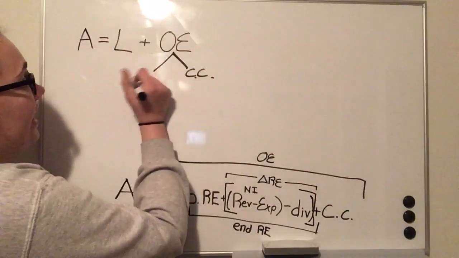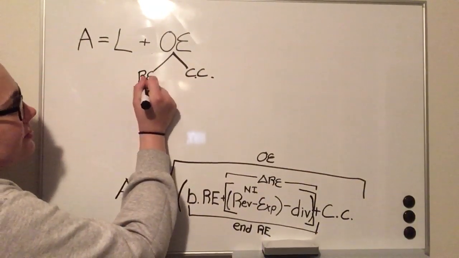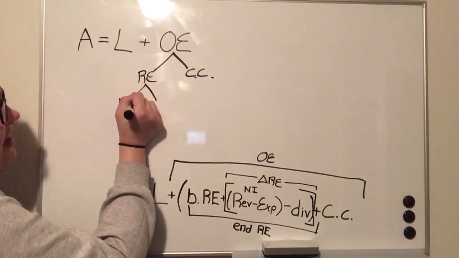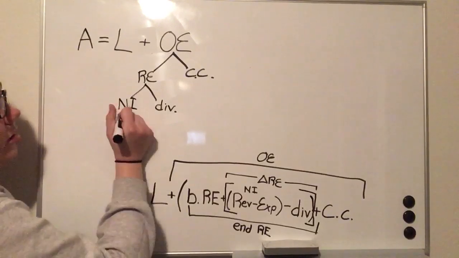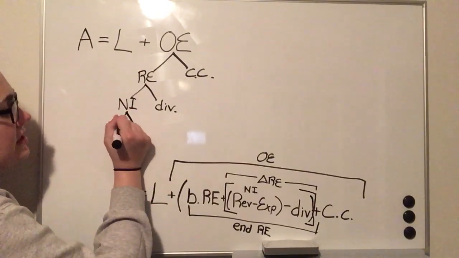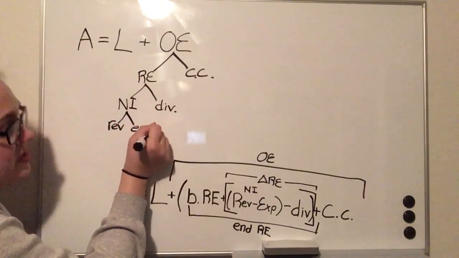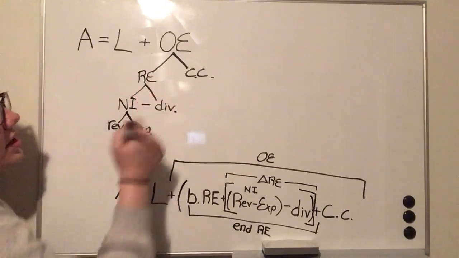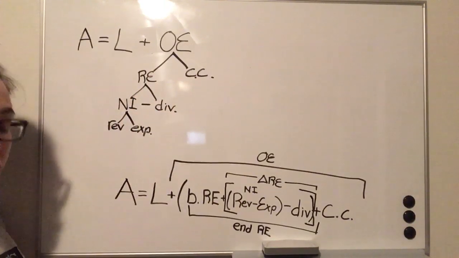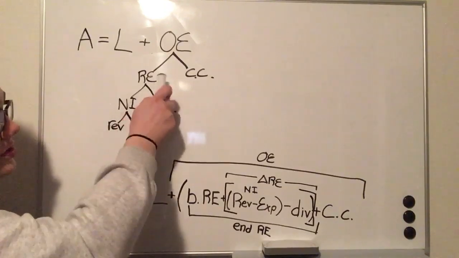And that's why we care about retained earnings here, because retained earnings comes from net income and our dividends, which tells us our revenues minus expenses, aka how much did we make, and then how much did we spend, minus how much did we give out to people who invested in us, our stockholders, and that's retained earnings.